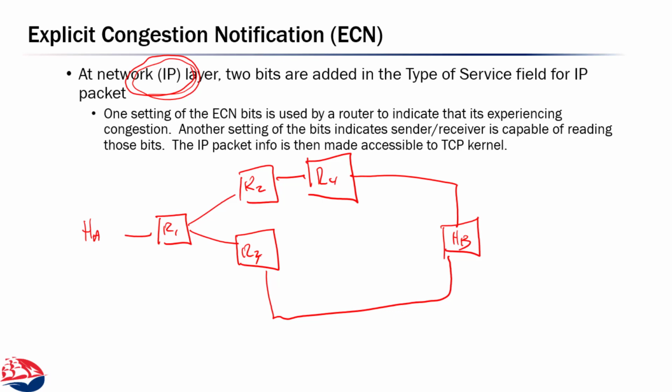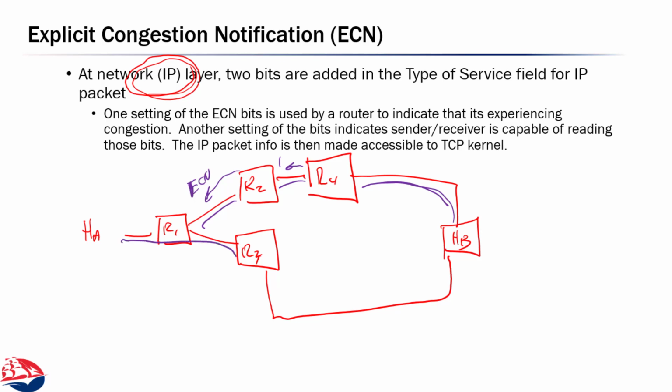So if, on the way to host B, this link is the fastest link that's been determined, but all of a sudden it gets considered to be congested, router 4 can say, I'm congested. Router 2 says, I don't have any other path to get to host B, so it's going to report that I'm congested. But then router 1 is going to get that message, and it's going to say, well, wait a second, router 2 has a congested path, but router 3 doesn't.